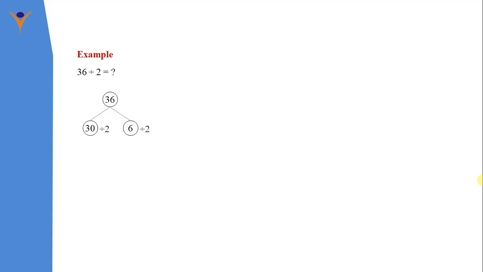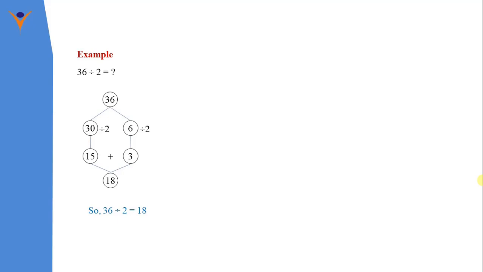So let's divide both by 2. If we divide 30 by 2, we have 15. If we divide 6 by 2, we have 3. The next thing for us to do is to add the two results, and that gives us 15 plus 3, which equals 18. So this means that 36 divided by 2 equals 18. Easy and straightforward.